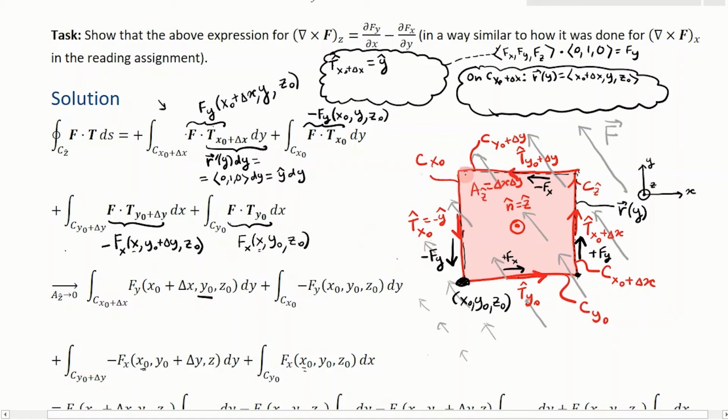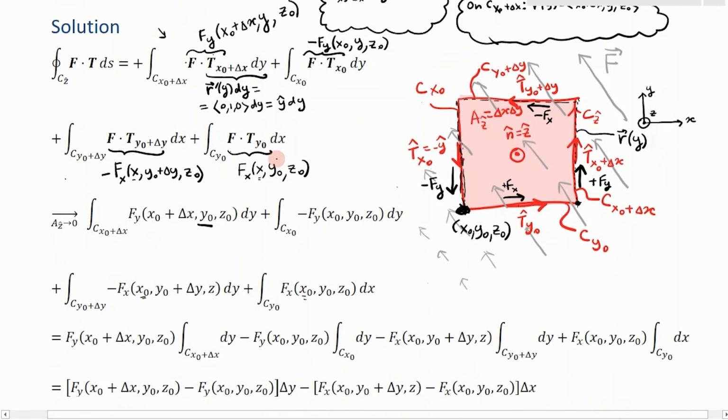Now for this contour, I did the same thing. I said let's just evaluate it at y equals y naught and not worry about the variation of the y component of the field along this line. And the smaller your contour becomes, the more precise this approximation is. Here I also did the same thing.